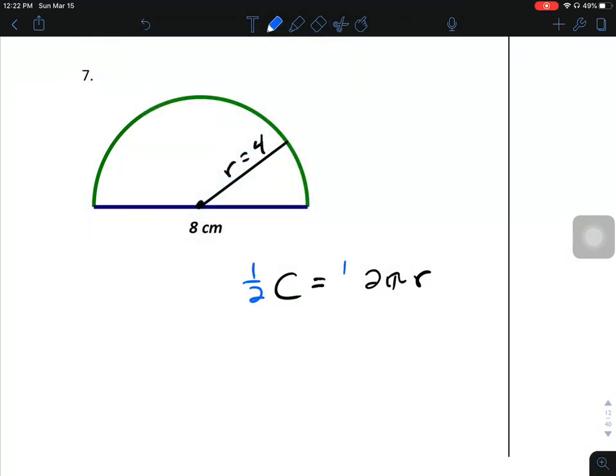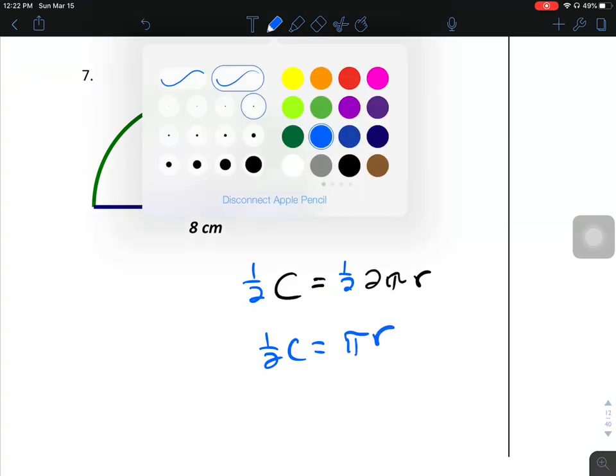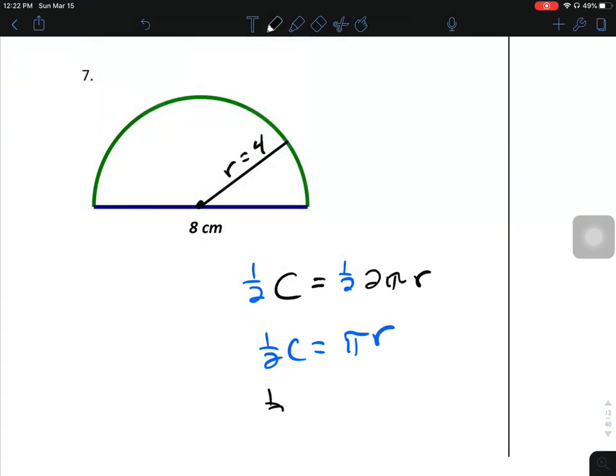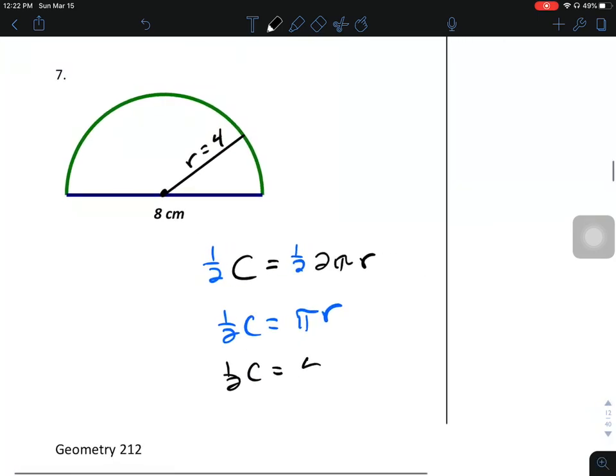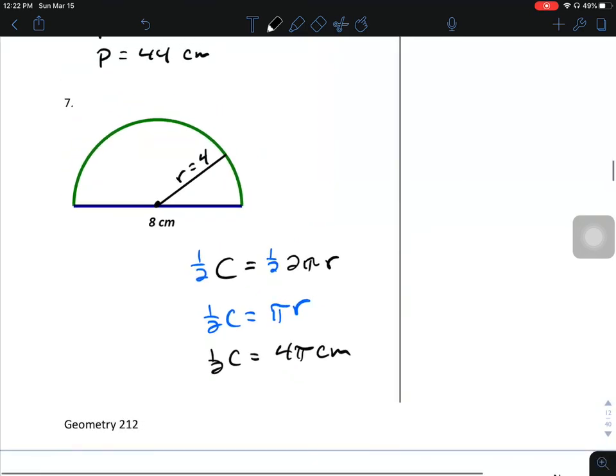So we're going to use half of this formula. So half the circumference of a circle is just going to be pi times r. And in this case, r is 4. So the perimeter of this is 4 times pi centimeters.